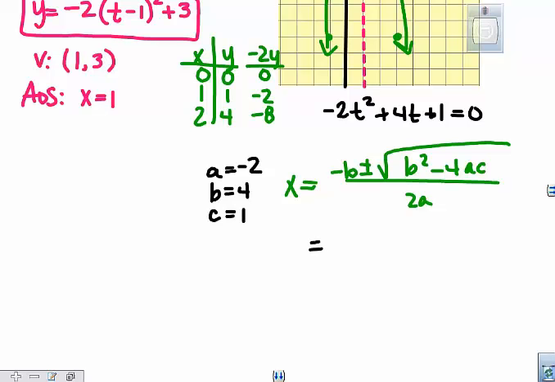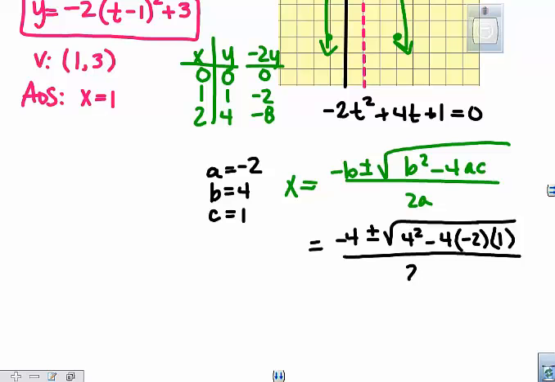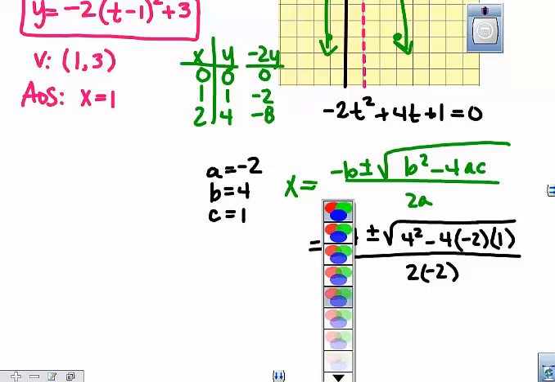So if we plug all of this in, b is 4, 4 squared minus 4 times a times c, all over 2 times a. Take it step by step. Let's simplify what's under the radical first.